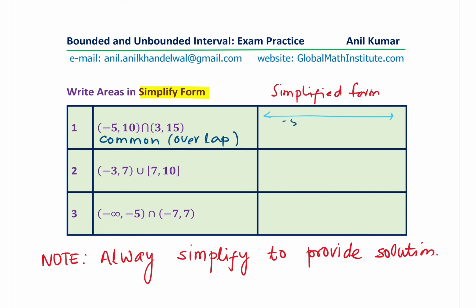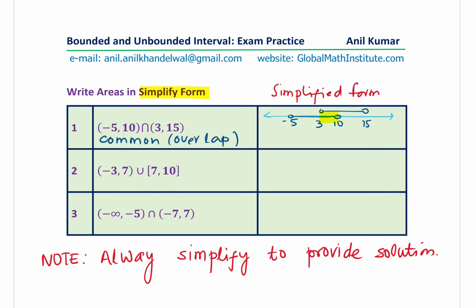Let's say this is -5 to 10, both not included. Let's say this is 10 for us. And the other one is from 3 to 15. So let's say 3 is also not included, to 15, right? So clearly, the portion which is overlapping is between 3 and 10, correct? So that is your solution, the thing which is overlapping.